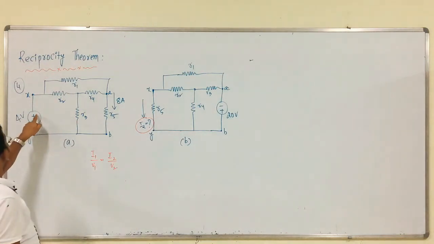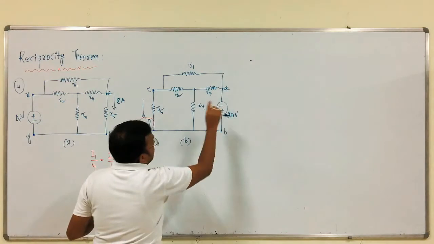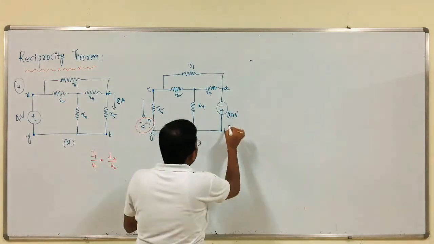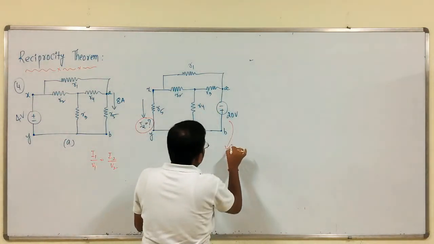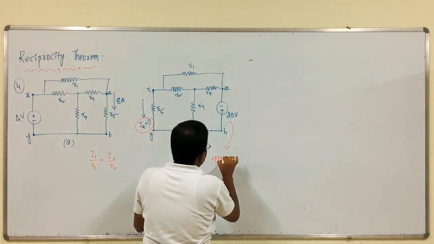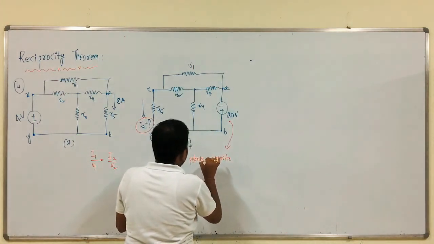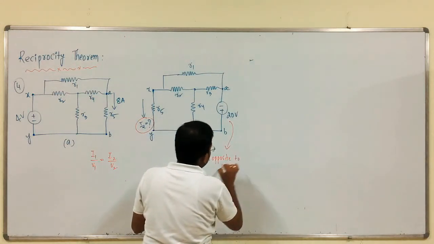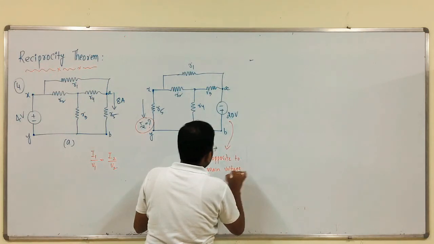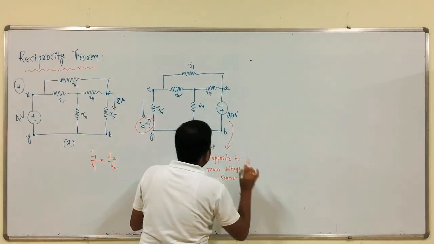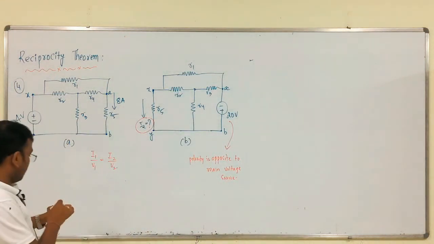But see, here it is plus minus, but here minus plus. What is that meaning? Polarity opposite to main voltage source. That is why you should consider minus 20.